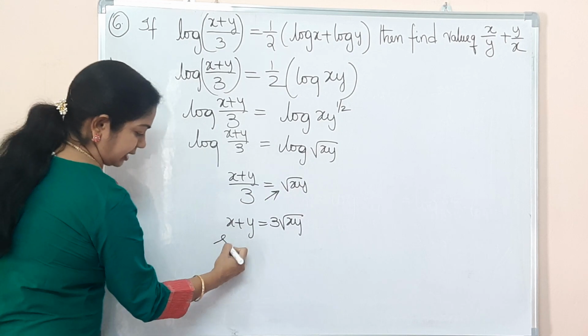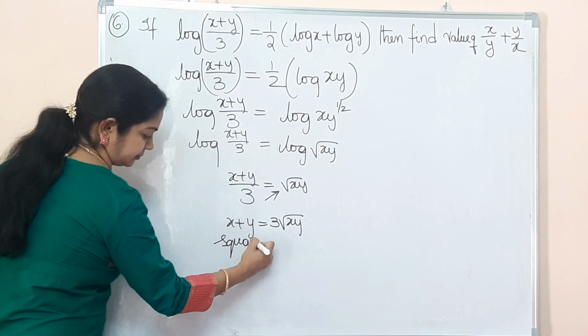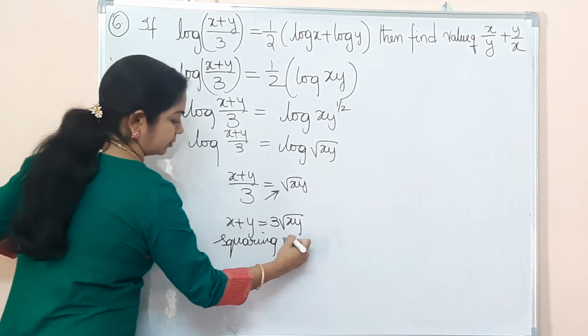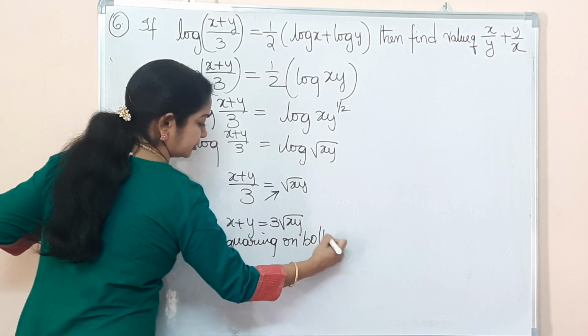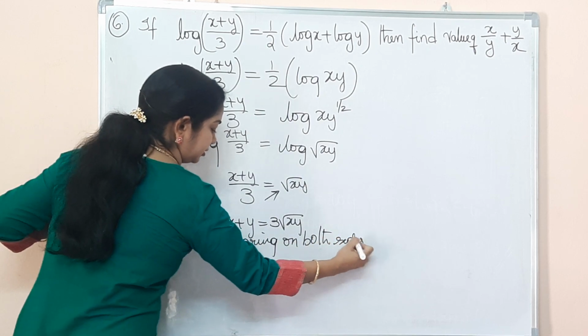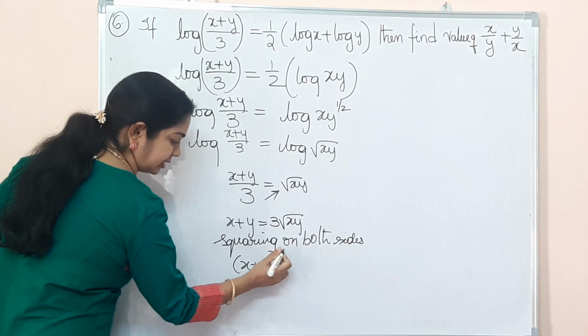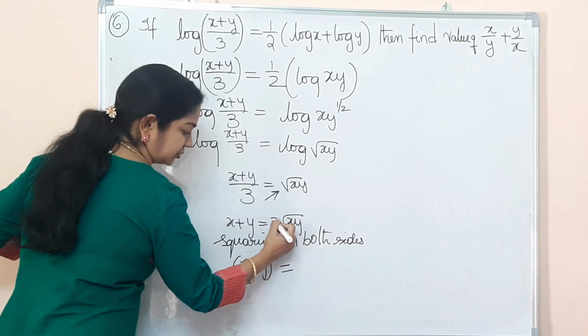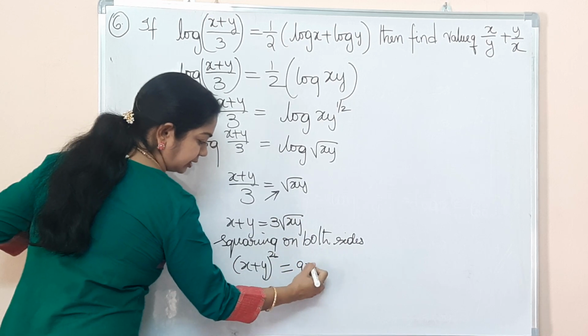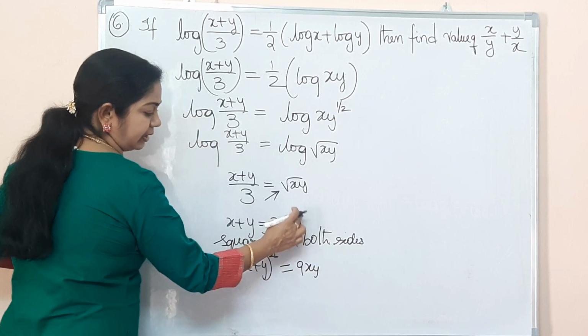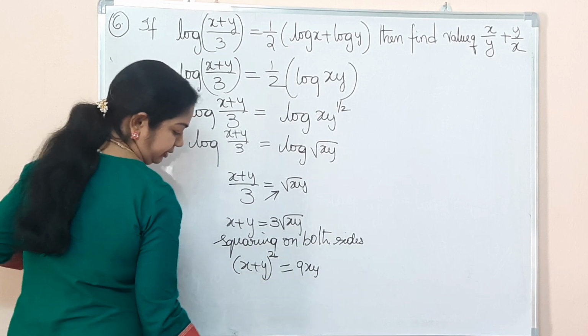Squaring on both sides. Here we get (x plus y) whole square, the algebraic identity, and on the other side 3 square is 9 and the square goes off, you get 9xy.